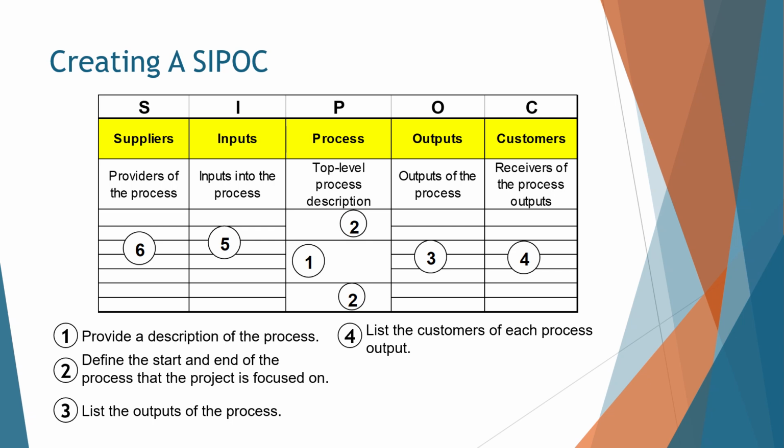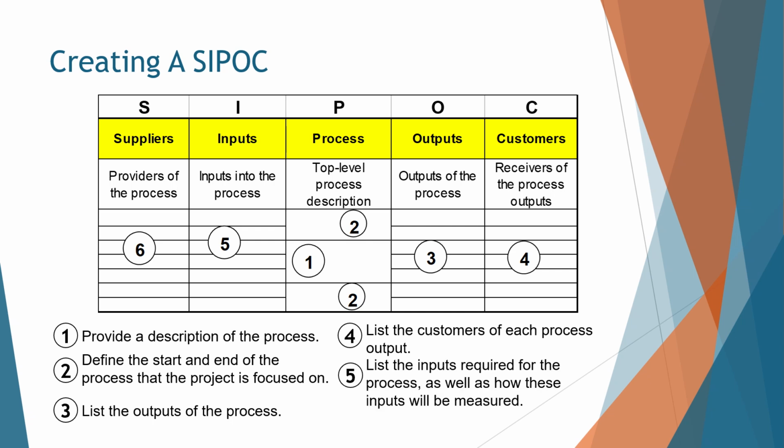And honestly, there might not be one customer for each output. There might just be one customer in totality for all the outputs, right? 5, list the inputs required for the process, as well as how these inputs will be measured. 6, list the suppliers of the process.